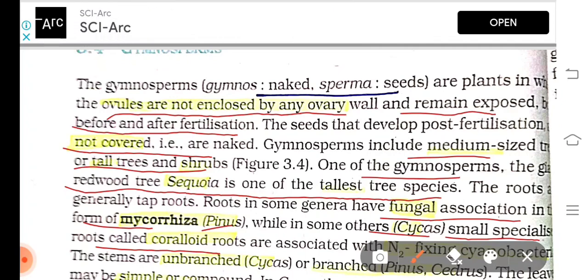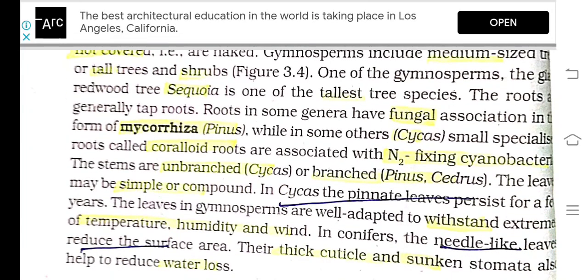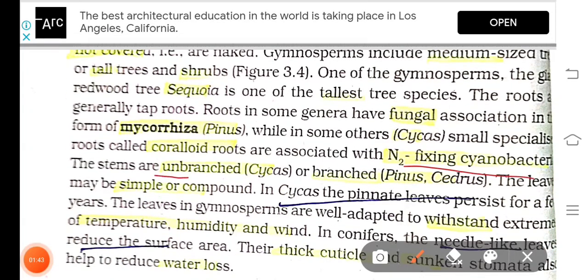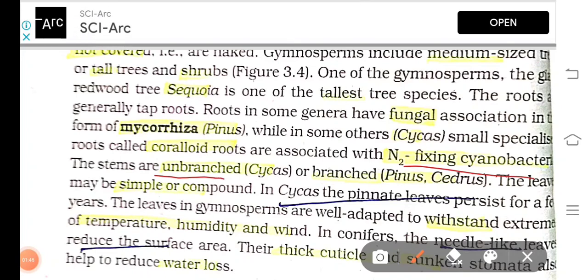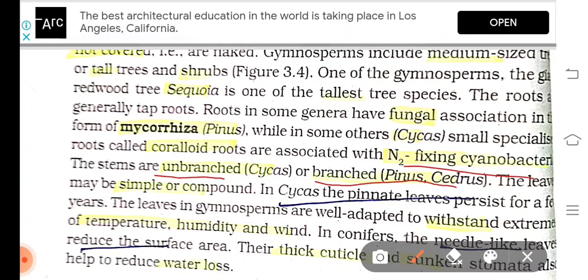They are associated with nitrogen fixing cyanobacteria and they have unbranched stems. And there are branched stems present in pinus and in cedrus also.